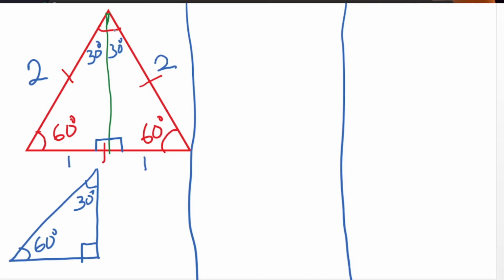It now remains this vertical height here. Am I with you? The height of this triangle. So this is 2 here, and this is 1 here, and we're looking for this. We can apply Pythagoras rule to solve this.